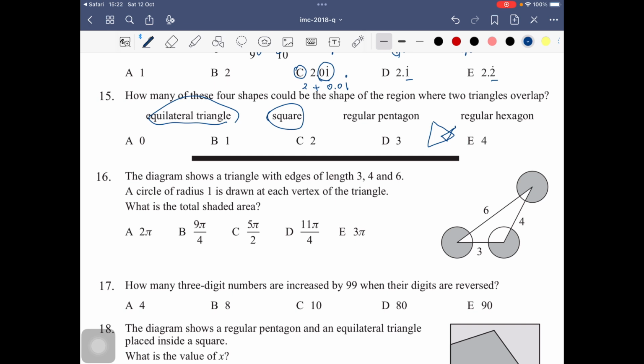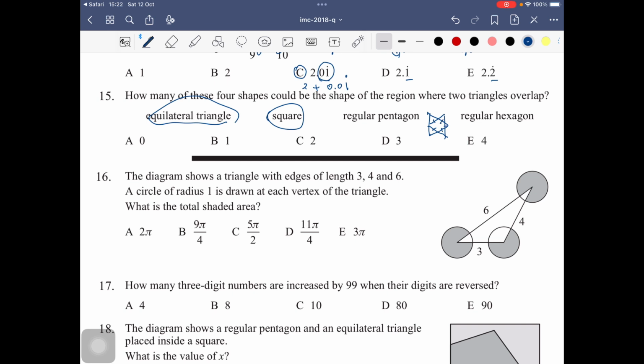If we overlap like this, for example, like this, 1, 2, 3, 4. This is still, I made it by mistake, but I can make it like that. So for example, like this, 1, 2, 3, 4, 5.